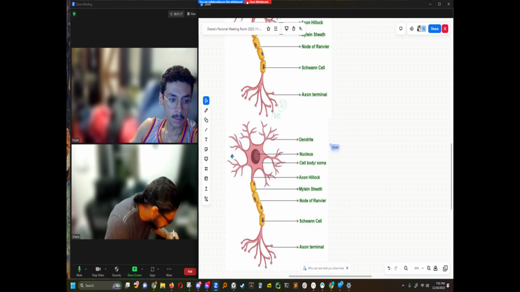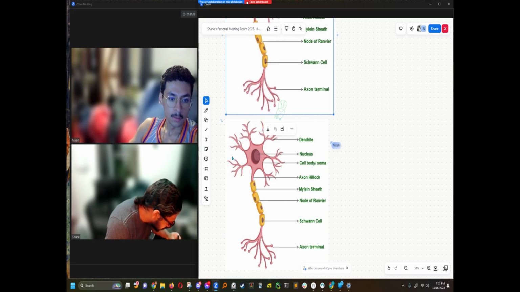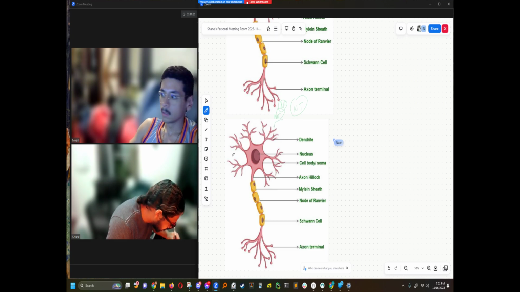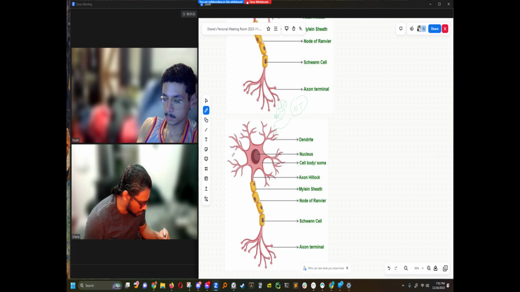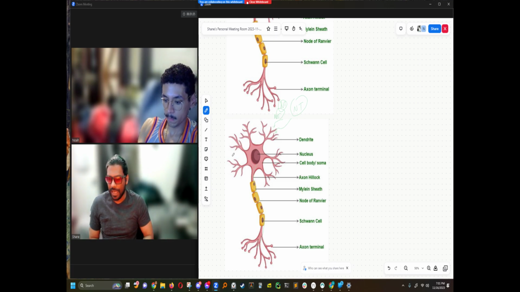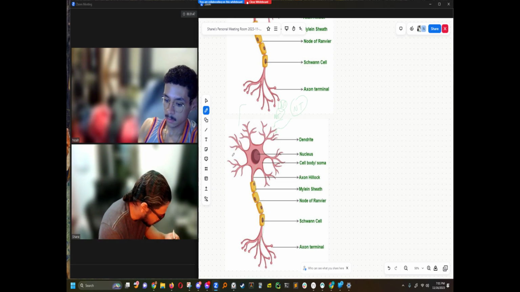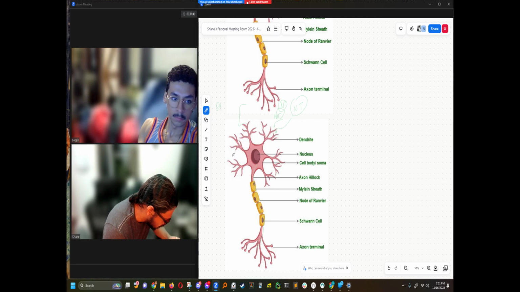So you're going to have these neurotransmitters released at the axon terminal, and they get picked up by the dendrites of the next neuron, and they'll travel through, and at the end of the axon terminal of this neuron, it'll send that signal down to the next neuron, and that's what this gap here is, the synaptic cleft.